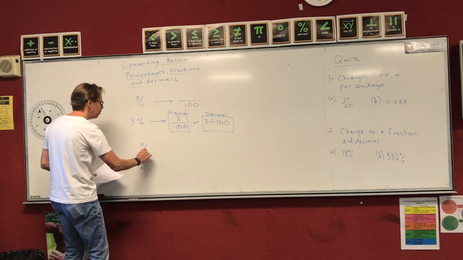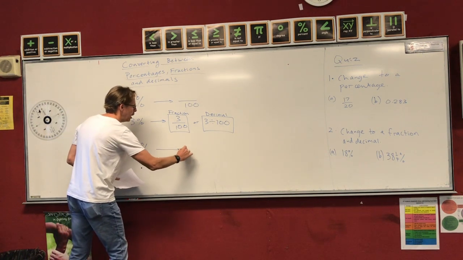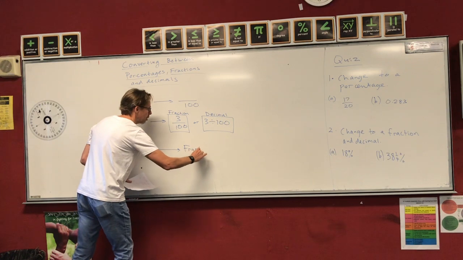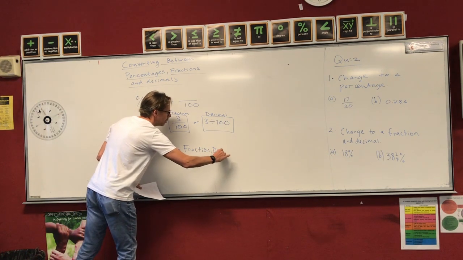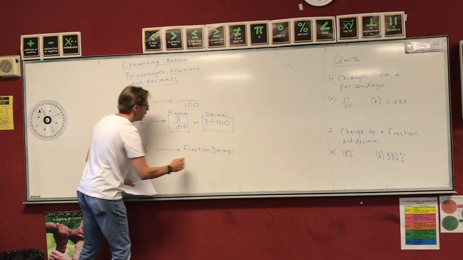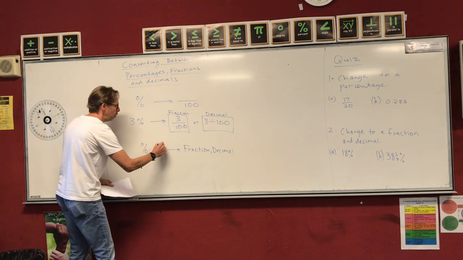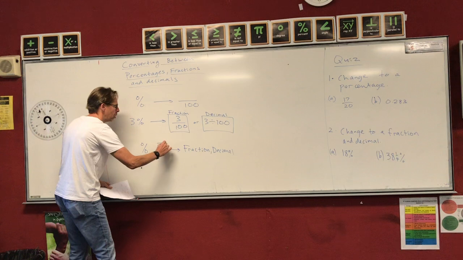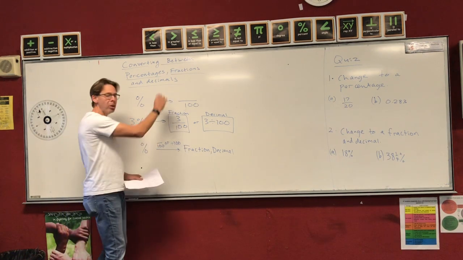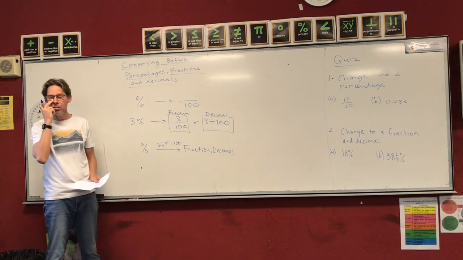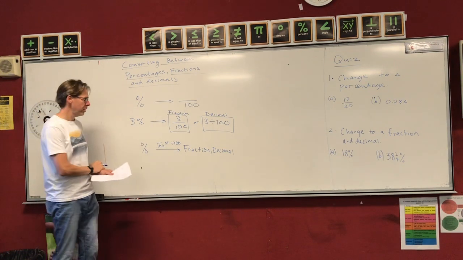To go from a percentage to a fraction, or decimal, you put it over 100 or divide by 100. So everything I'm writing down I want you to copy into your exercise book so you've got a record of the notes.